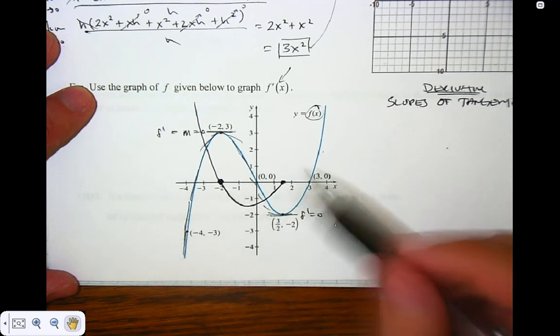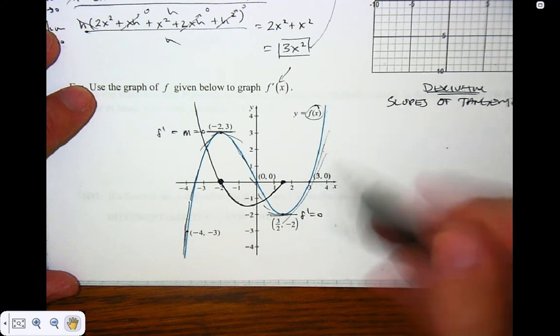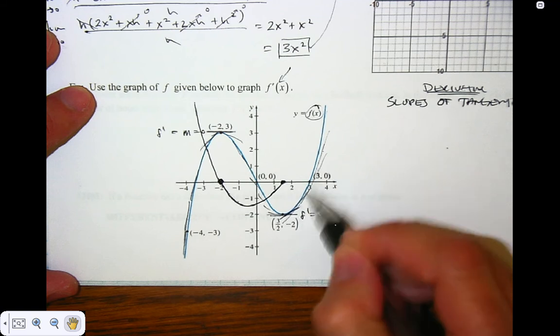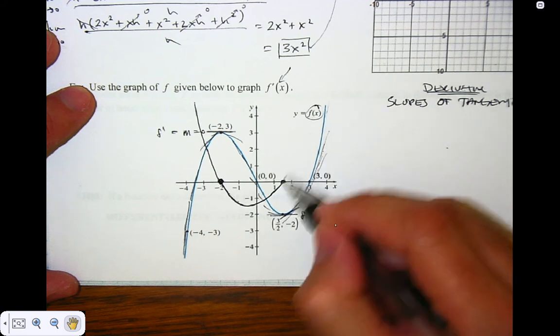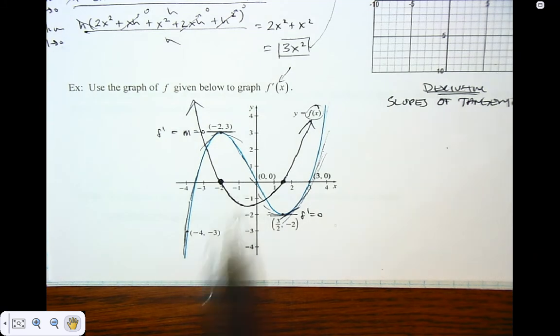And then from here on, all of these are positive slopes, and they're getting more and more positive, right? Like right here, it's positive 1, and then it's positive 2, and 3, and 10, and 20, and 50. And so this thing goes up. That is not easy to do the first time around, and you will get better at this. And once we learn our rules, I think it'll make even more sense.